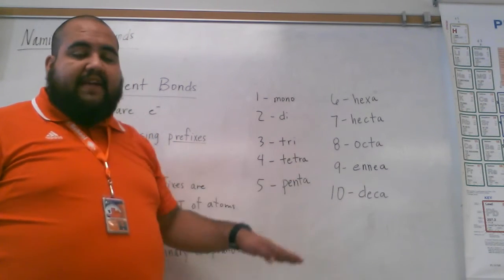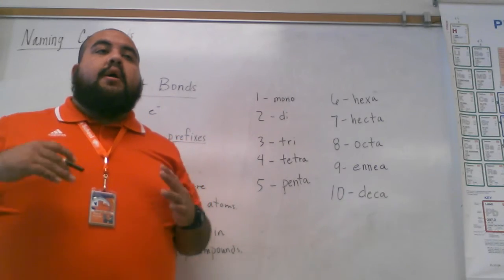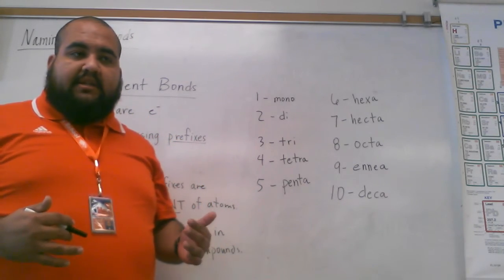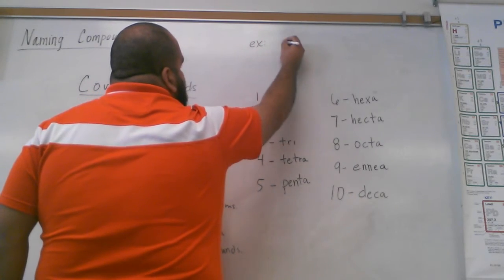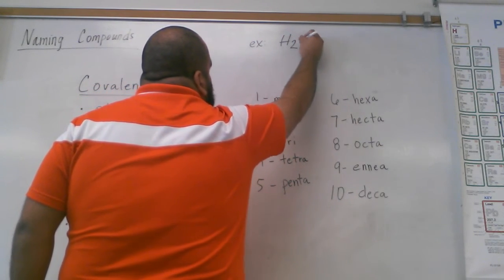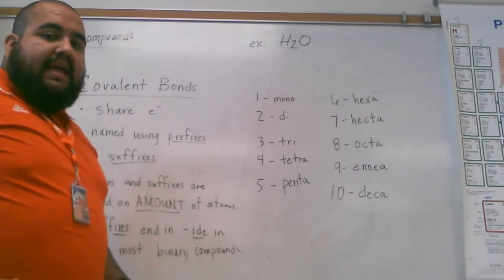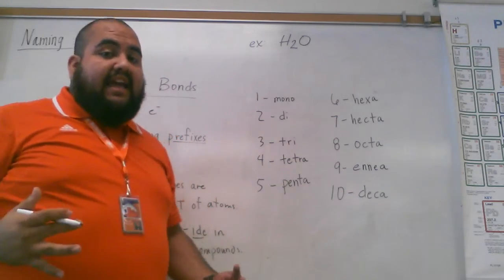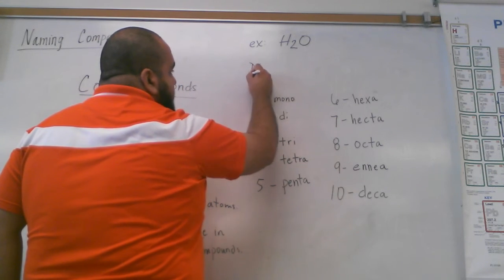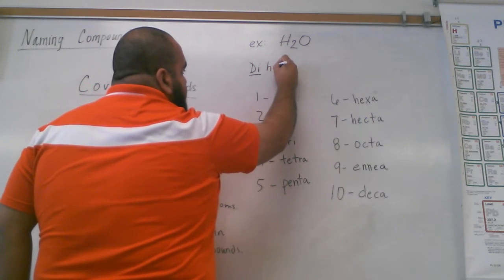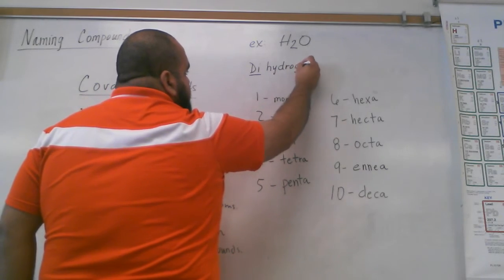These are all prefixes, meaning they all come before the name of the element. So, for example, the most famous compound you know, water, H2O. Its covalent bond name: it's di, because it's 2 hydrogens. Dihydrogen.